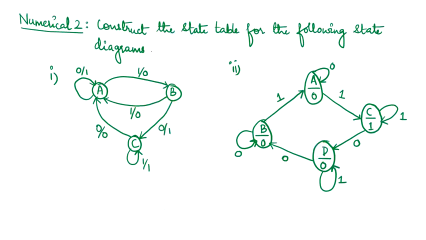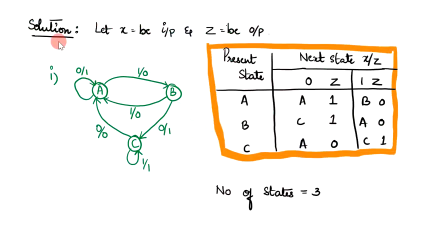So I am looking into the solution for the first one. So here I am representing the left hand side to be the input, which is X, and the right hand side to be the output, Z. So since these states have already been specified in terms of variables, clearly I know that there are 3 states.